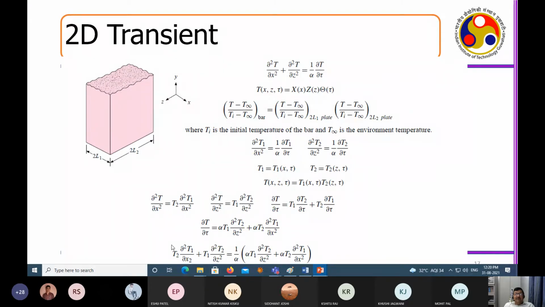You have already solved this equation and this equation also. If you plug in those two and get back here, you will get the solution you obtained previously. So with separation of variables, although it is not exactly accurate, you can still obtain the solutions.